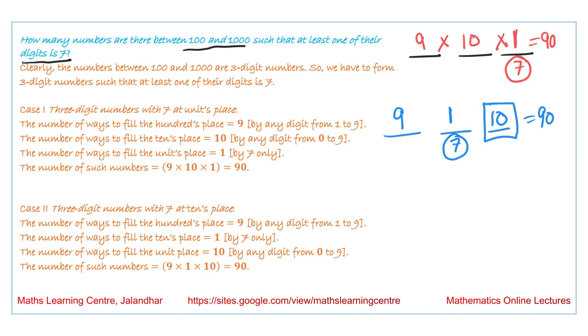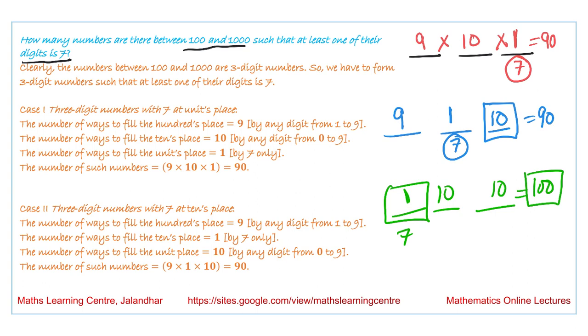Then we are saying the 7 is at the hundreds place. At this place 7 is there. For both these we have 10 options. The answer we have is 100. The total number of different numbers we have is 100.